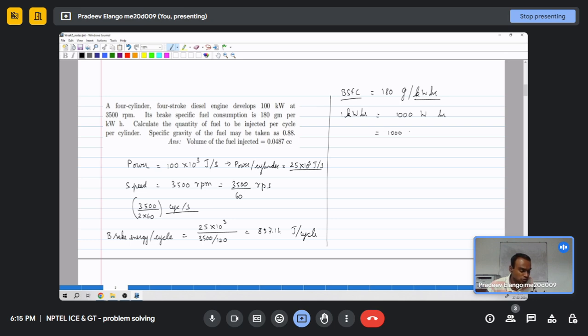So this is 1000 joules per second into hour, and we know in 1 hour there is 3600 seconds. So this will be 3.6 into 10 power 6 joules, that is 1 kilowatt hour.